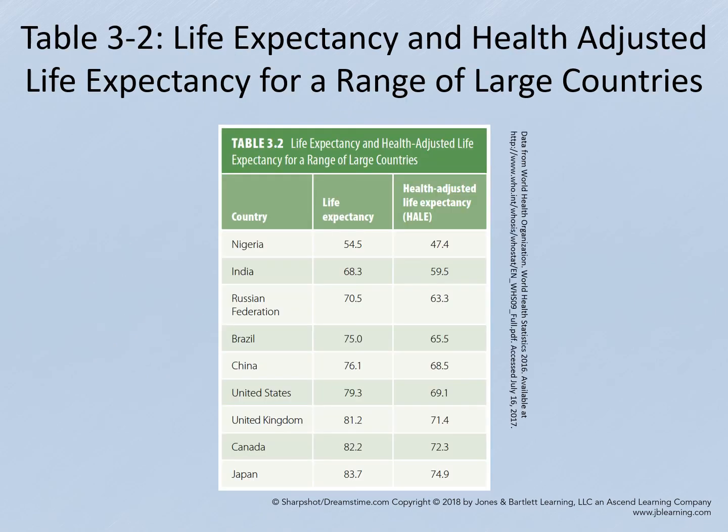So Table 3.2 emphasizes the life expectancy and the health adjusted life expectancy for a range of large countries. We saw that in the United States it is 69.1. So that is the health adjusted life expectancy. That is life expectancy times the quality of health, which makes it 69.1 years.